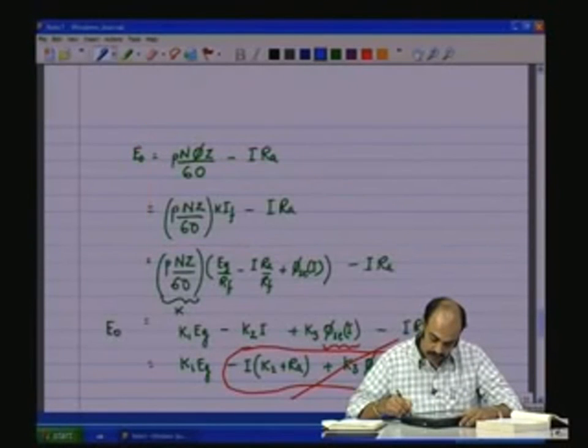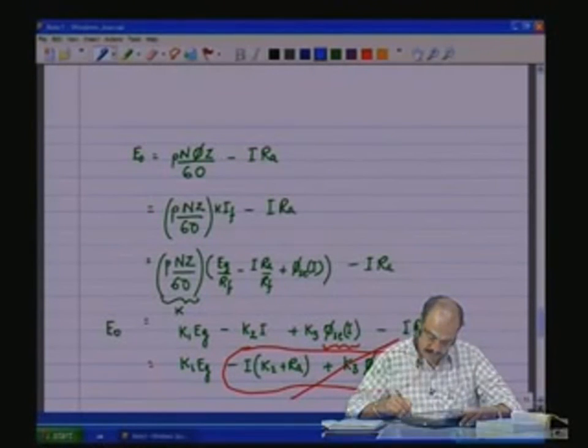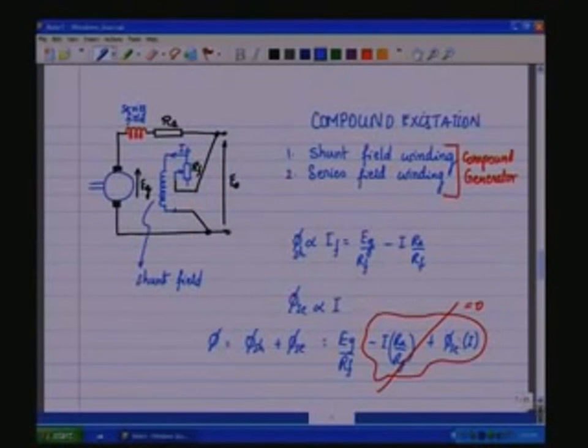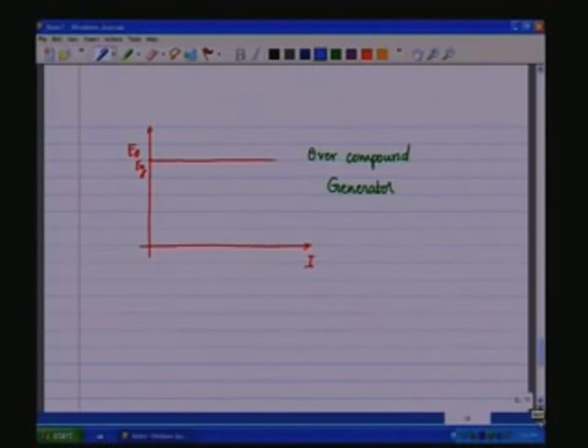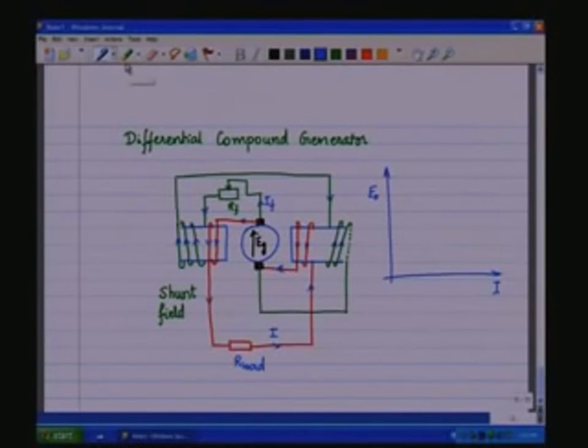this equation that we wrote here, as the load increases, the flux increases much faster with load. So, this portion is not plus, this portion here is minus. So, which means what you actually get in the differential compound is that the effective flux is equal to phi shunt minus phi series, which is a function of load.